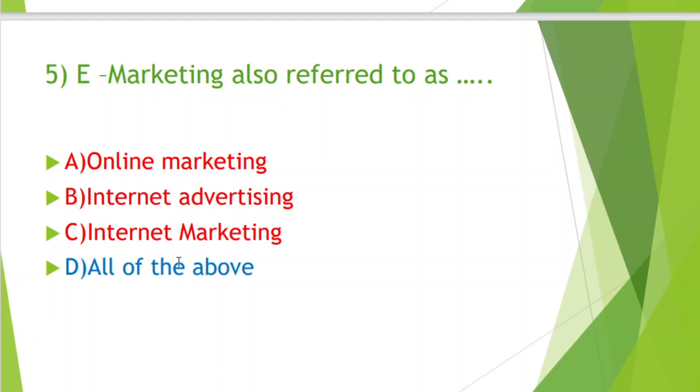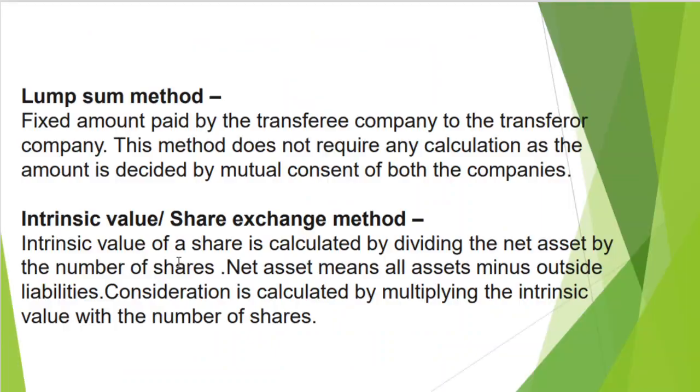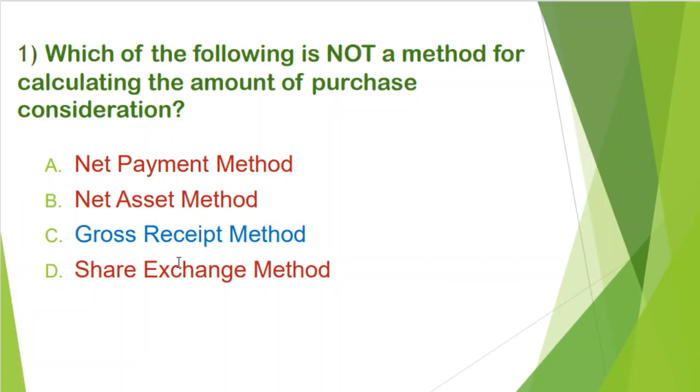So today we have discussed five important questions. Once again, the first question is with regard to how to calculate purchase consideration. I had told you four methods: net payment method, net asset method, lump sum method, and share exchange method or intrinsic value method.